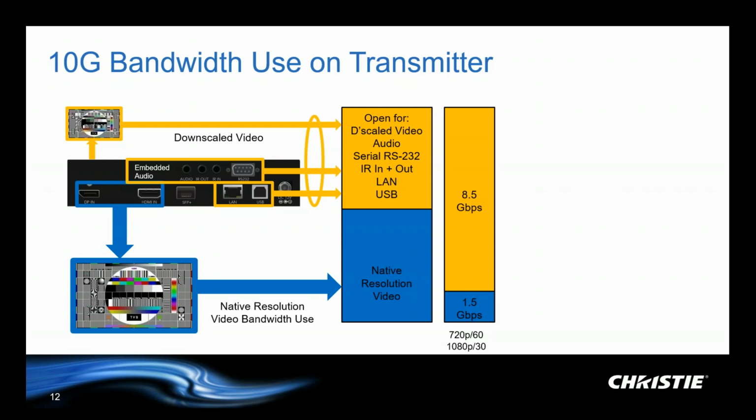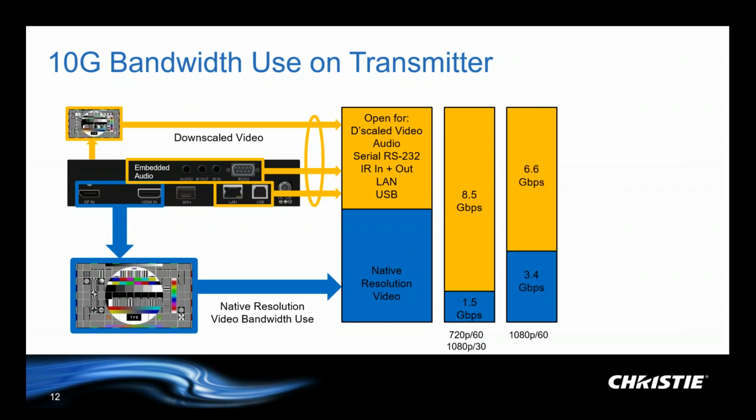Now, the TX and the SDVoE standard will prioritize stream 0 on the network. As the native resolution increases with your input, so now we're at 1080p at 60 on the DisplayPort or HDMI input, that will take up 3.4 gigabytes of bandwidth, and the transmitter will prioritize that.